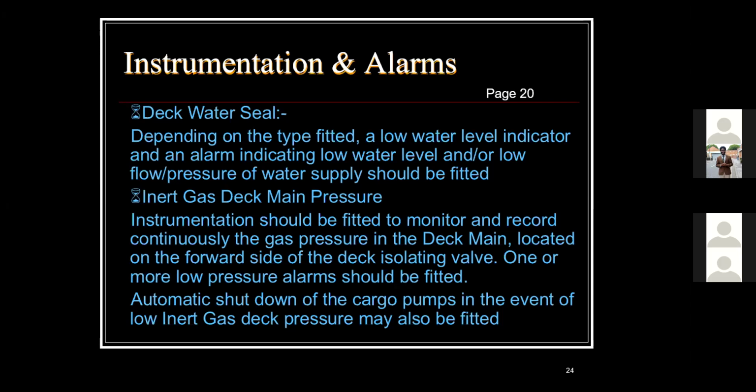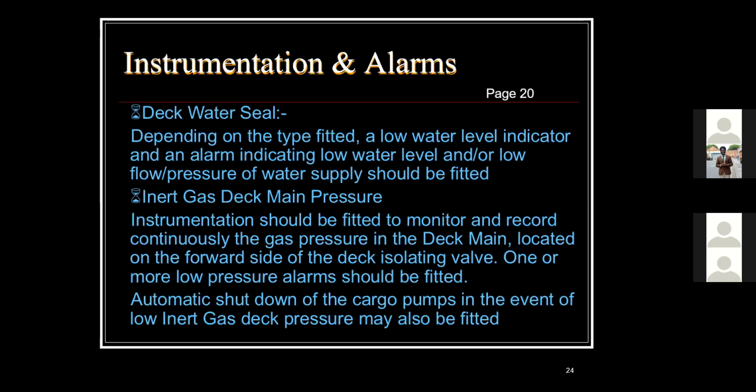All these alarms have their repeaters in the cargo control room, and in modern ships, of course, the moment it gives you an alarm, it also gives you an alarm on the bridge. And in some ships, when you receive such an alarm, it comes as a cargo alarm, and it gives a high set of alarms on deck. If you go to deck, you see different points fitted with all this alarm system.